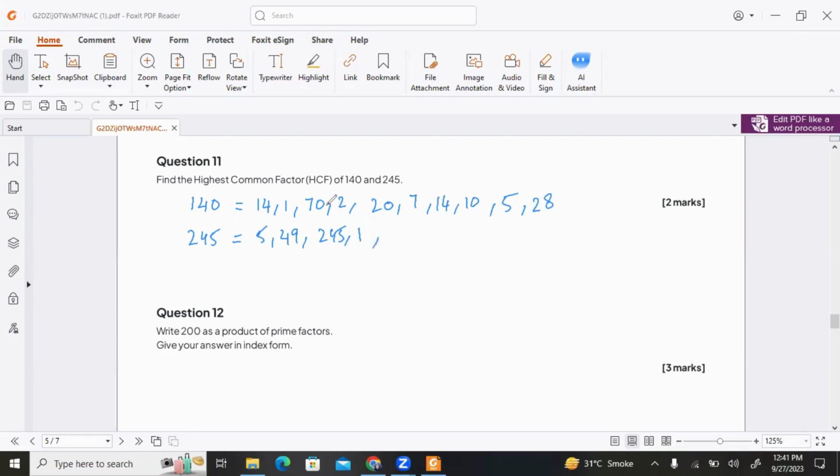Then 245 is divisible by 7. So 7 and 35. For 140, we also have 35 and 4. And 245 is, I think, only divisible by 8.